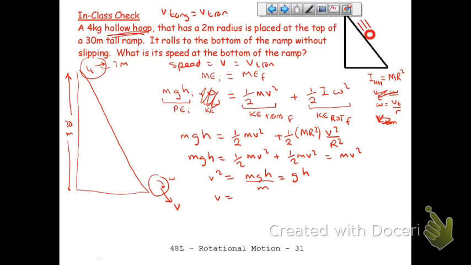So v is equal to the square root of gh, which equals the square root of 300, which equals 17.3 meters per second. That's how fast it's going to be going when it gets to the bottom.